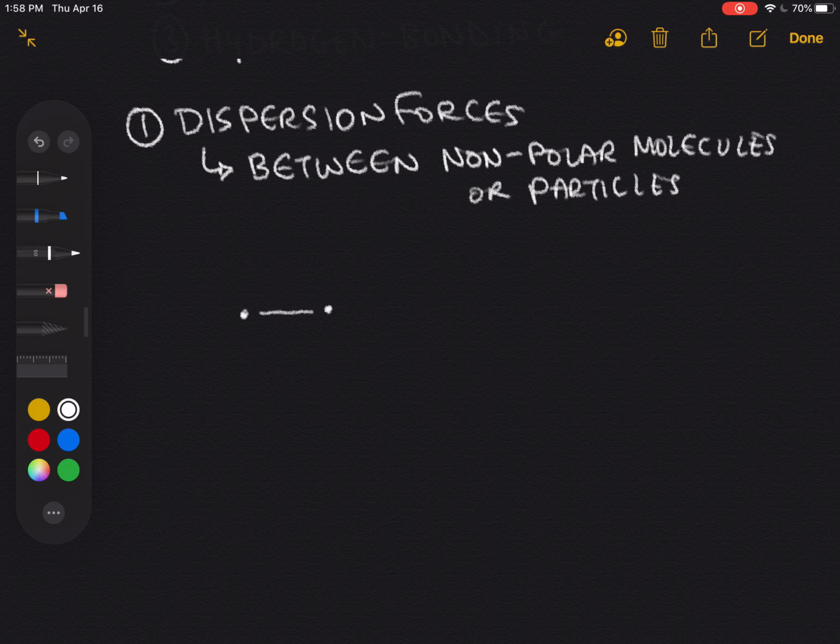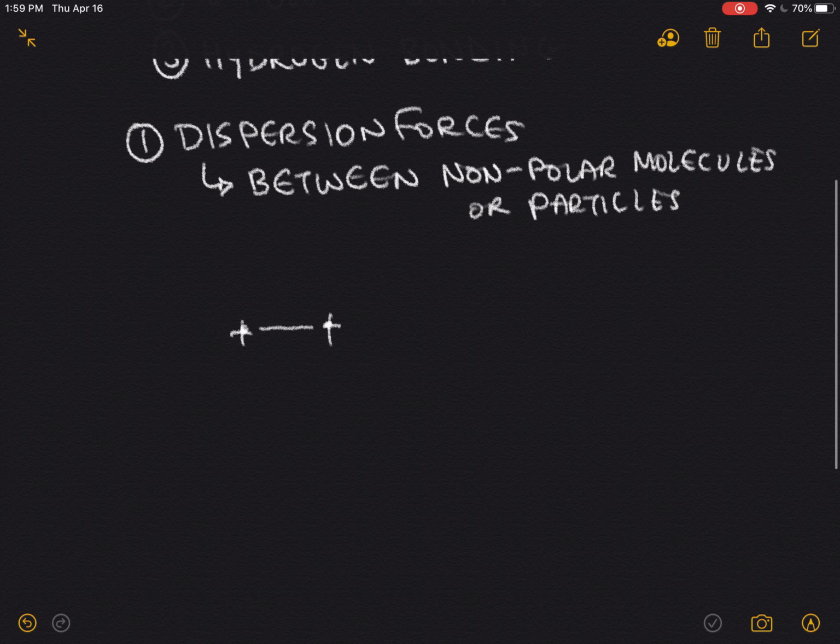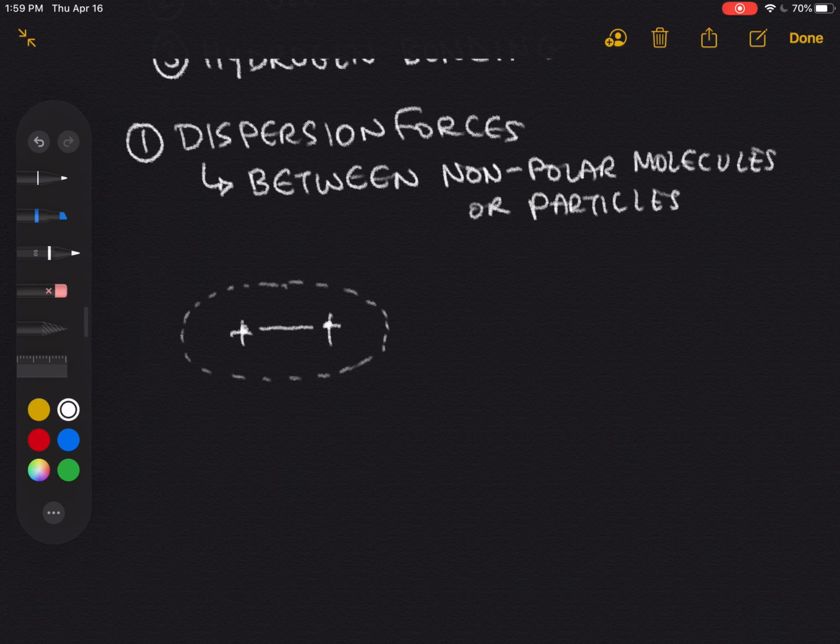Not the greatest example, but you have maybe these centers of positive charge in the nuclei, and we have our electron cloud here, where we have the negative charge. Now, there can be a temporary shift in this electron cloud to one side.